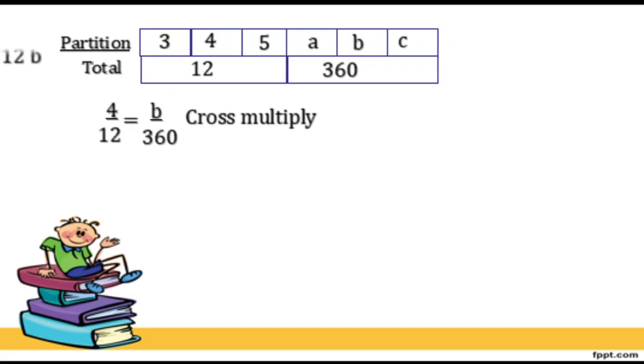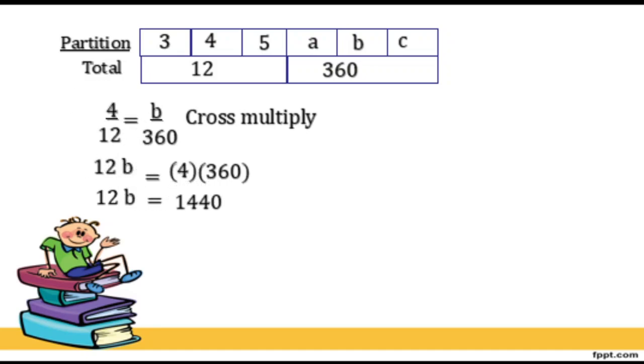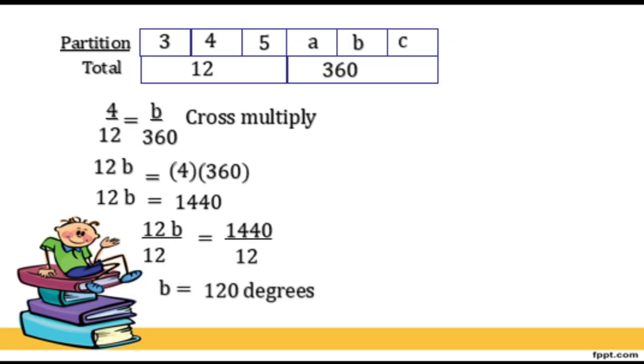Then 12 times B is equal to 12B, and 4 times 360 is equal to... Okay, rewrite 12B equals 1,440. Then divide both terms by 12. For 1,440 divided by 12, cancel 12 and 12. So you have B is equal to 120 degrees. Okay, so the B is 120.